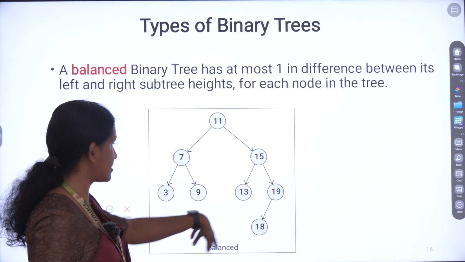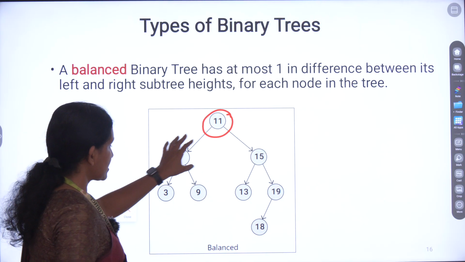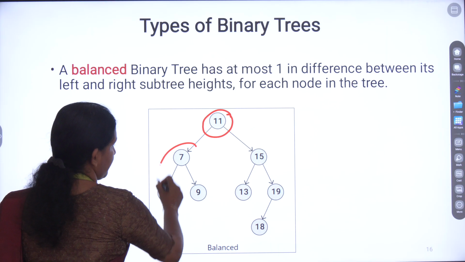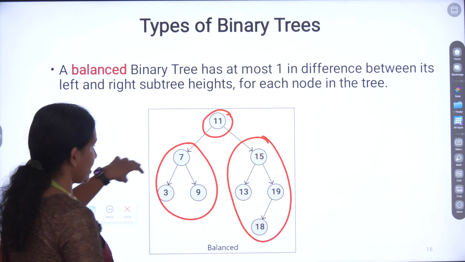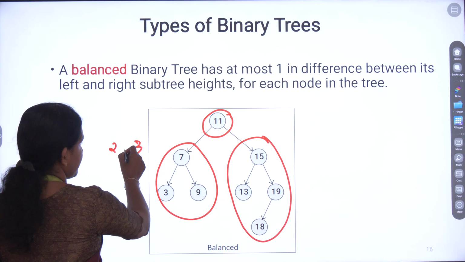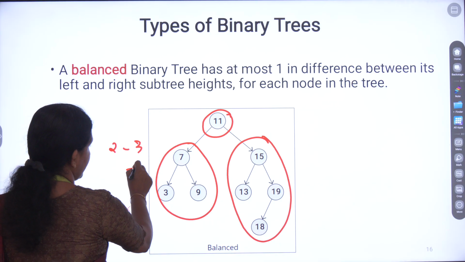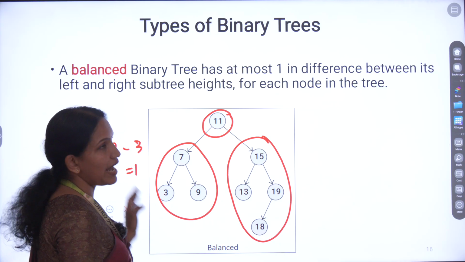If you see this example, take node 11: this is the left subtree and this is the right subtree. The height of the left subtree is 2 and the height of the right subtree is 3, and the difference between these two is 1. That is the condition for a balanced tree.